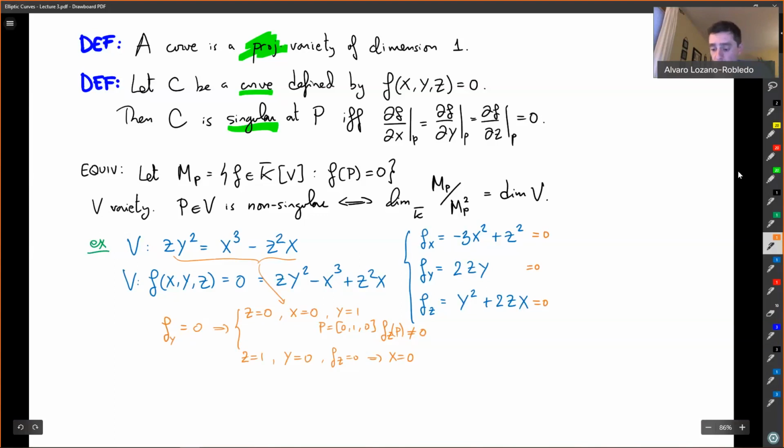But then from the derivative with respect to x being 0, we also deduce that z equals 0. But then P cannot be (0, 0, 0), and we've reached a contradiction. So the result is, yay, there are no singular points.